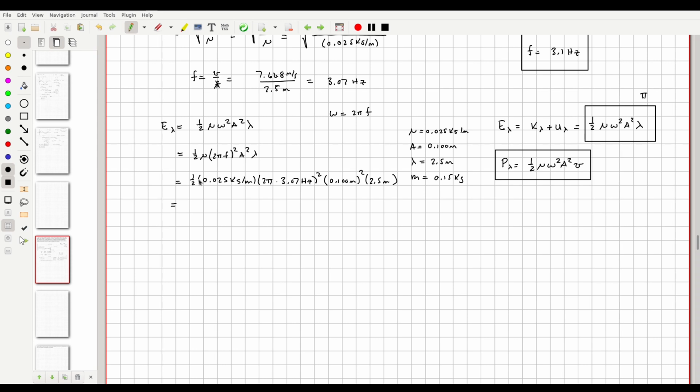Got to square all that, then times 0.1 squared, then times 2.5. And I get 0.116 joules is trapped inside there. Or if I keep the two sig figs, 0.12 joules.